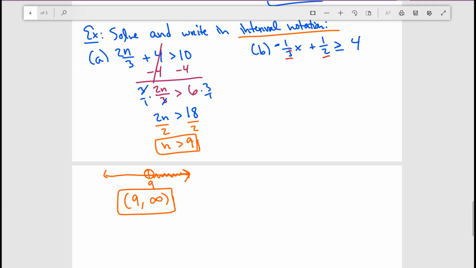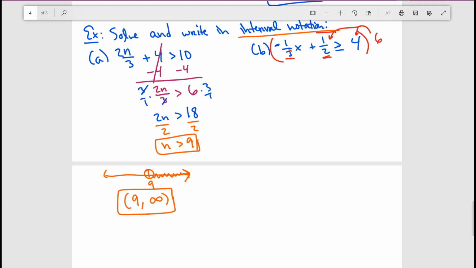So how do you get rid of these two different numbers? Well, one way to do it is to get the least common denominator. So the least common denominator of 3 and 2, or what number divides into both 3 and 2, in this case is 6. So what I'm going to do is multiply every single thing by 6. And that will hopefully get rid of that fraction.